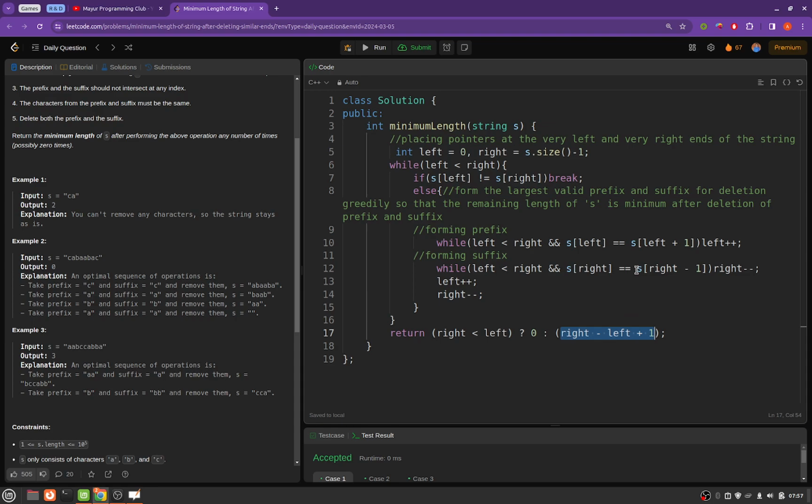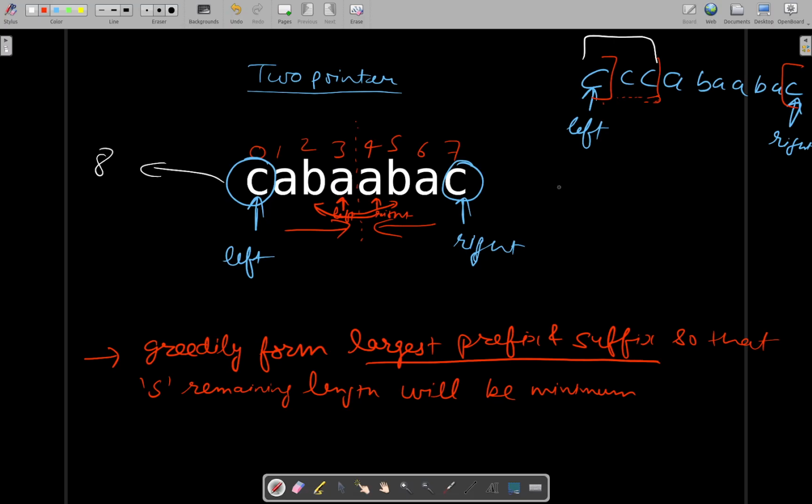If you are still having any doubts or any queries in general, then you may ask them in the comment section. And if you ask what will be the time and space complexities, as you must have also guessed, time complexity wise we are using a linear traversal only, so it will be order of n, where n is the size of the given string.